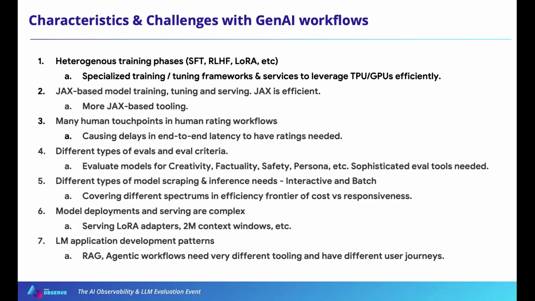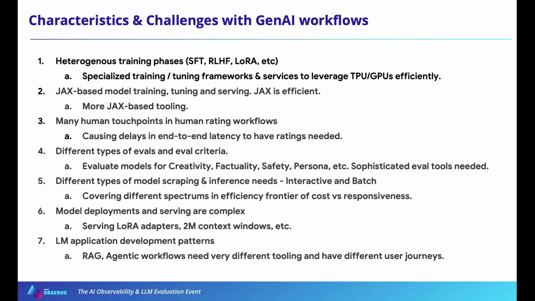So coming to the last piece, what are the characteristics and challenges that we see? The first one is heterogeneous training phases. Previously there used to be one training loop. It was pretty straightforward. Now we have SFT, RLHF, and LoRA, which means we also see specialized training tuning frameworks and services to leverage TPUs and GPUs efficiently.